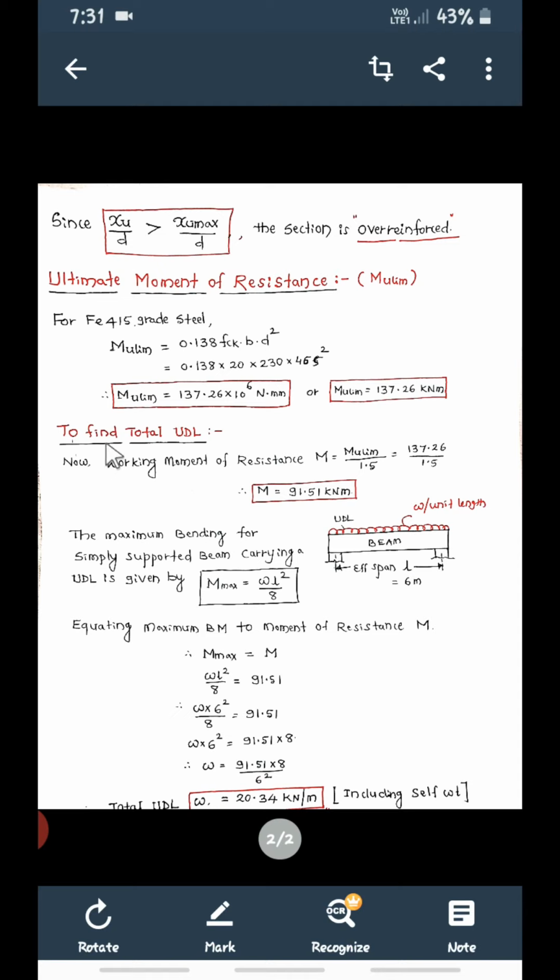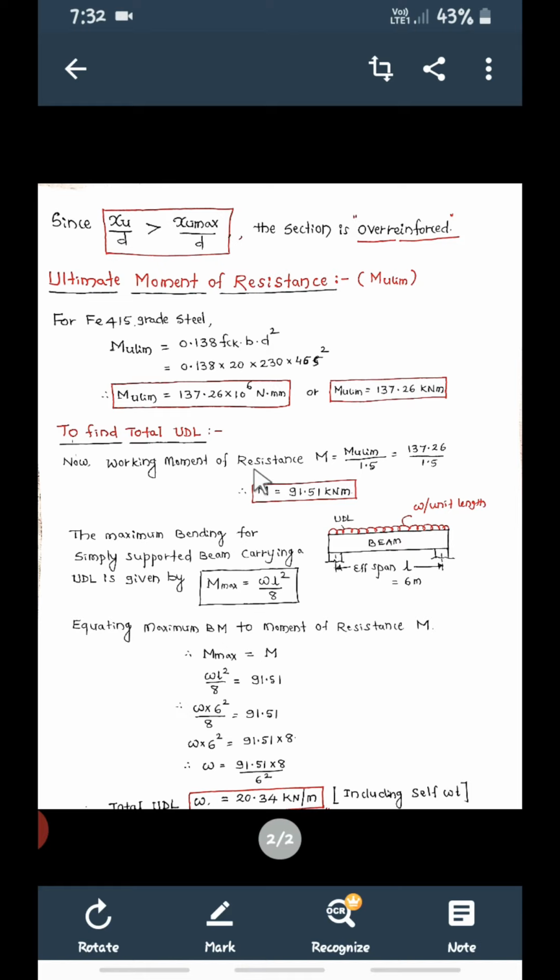Now what they have asked in the problem is to find the maximum total UDL that can be allowed on the beam. Now this is the ultimate moment. This divided by 1.5 will give the working moment. Mu means ultimate moment, M means working moment.